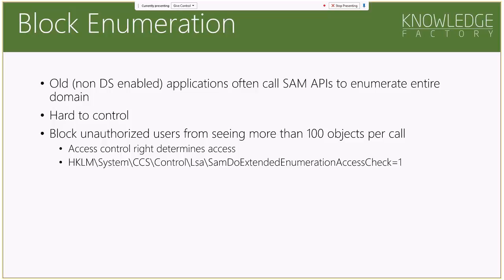That's good for our PDC emulator, and it's really good for us. It's really bad for the application because next time it asks, unless there is some logic built into the actual application, which it's probably not because it uses SAM APIs, it will get the first 100 whatever objects you think it should have. So that application probably never gets through the whole AD. In really bad situations, use that.